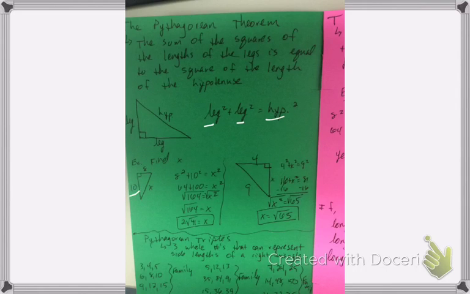Since these two are the legs, and this is the hypotenuse because it's opposite the right angle, our Pythagorean theorem takes this shape. 8 squared plus 10 squared equals x squared. Let me go through and solve. 8 squared is 64, 10 squared is 100, and obviously x squared is just x squared. 100 plus 64 is 164. Then we square root both sides. And we get the square root of 164.